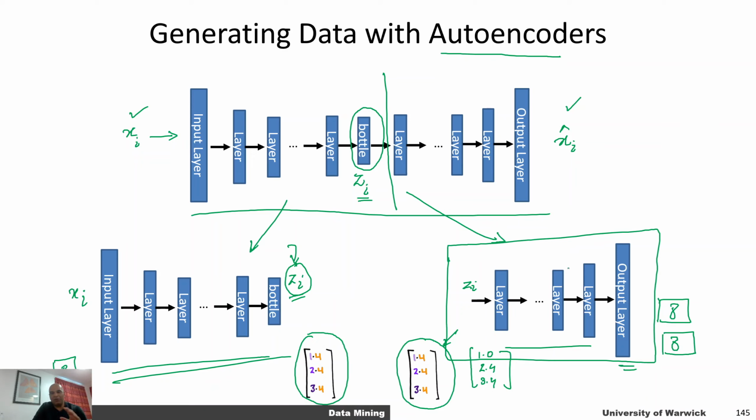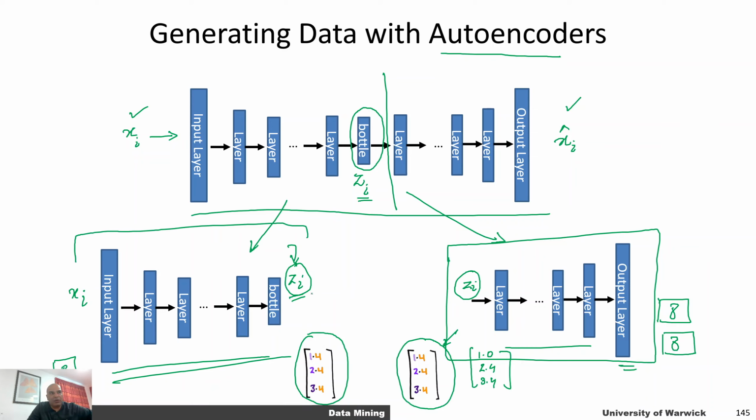It may not be good for most of the applications that we are interested in, but it is a very simple generative model because we can change this zi, and it can generate different examples.